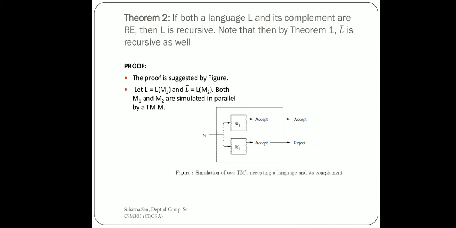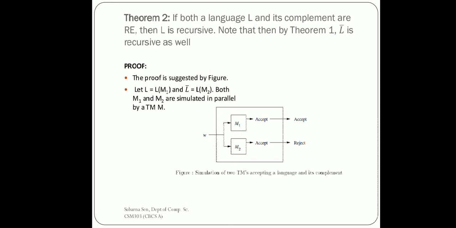Now if we can prove that both a language L and its complement are recursively enumerable, then that language is obviously recursive, because that property holds for recursive languages only. So how to prove it?